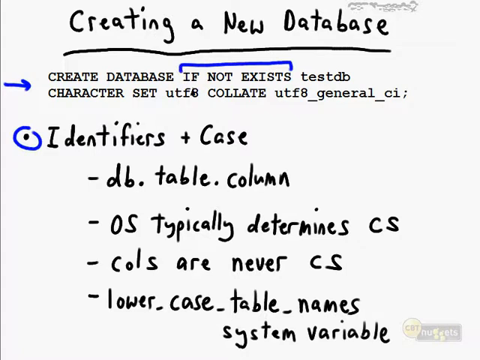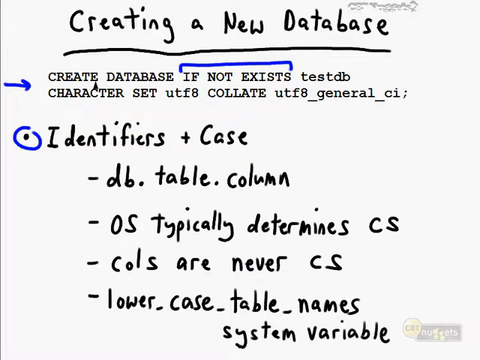As best practice, you can throw in this if not exists clause whenever you create a database or really any object in MySQL. The if not exists identifier is useful as a safeguard because it will instruct the MySQL parser to check if the object exists in the current database before you actually create it.